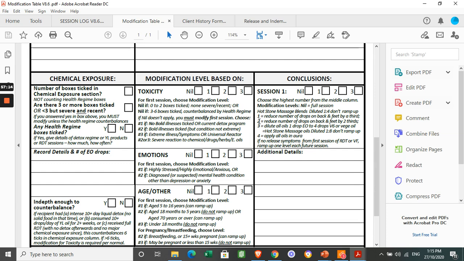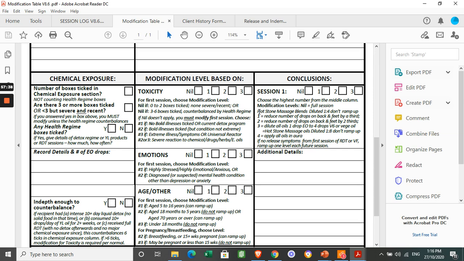A level 2 means that you're going to reduce the number of drops on the back and the feet by 2/3 for Raindrop and Vitaflex. However, level 1 and 2 still, when it comes to hot stone massage blends, would be diluted at 1 to 4.